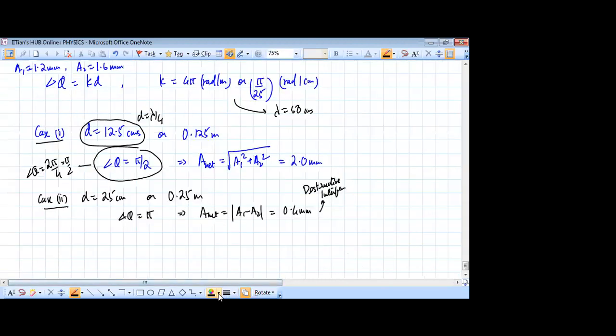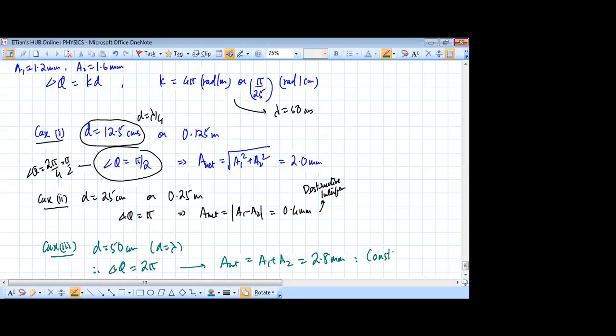Similarly, the third case you can see. In this case, D is a full wavelength. D is equal to lambda. So your phase difference delta phi will come out to be 2 pi when you calculate. So you will get your net amplitude as A1 plus A2 or 2.8 millimeters, which is your constructive interference.